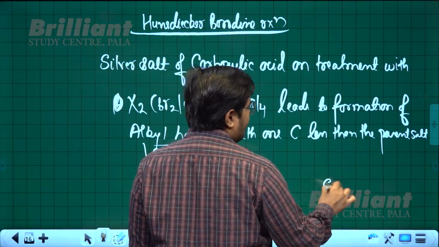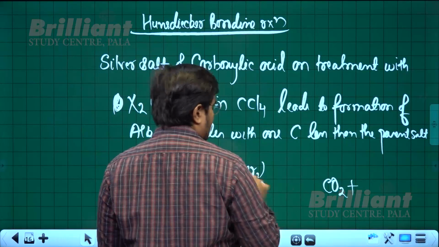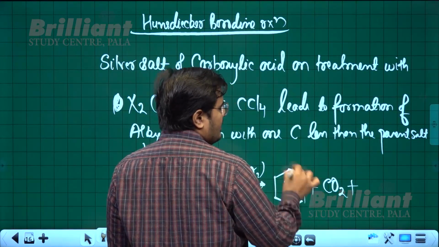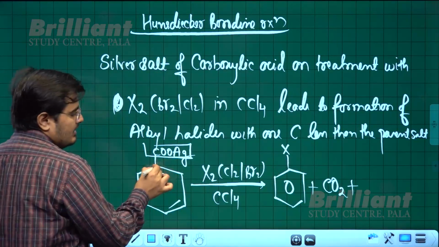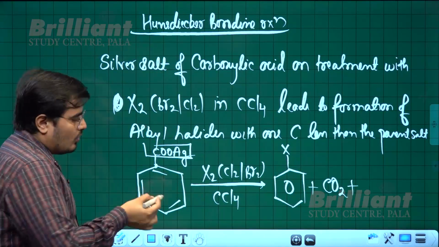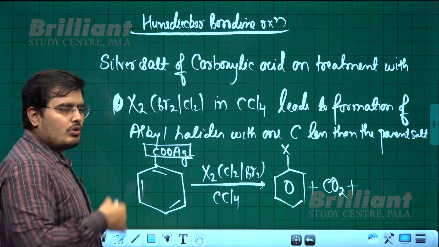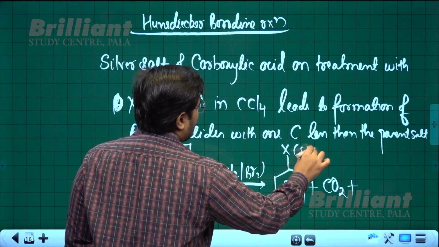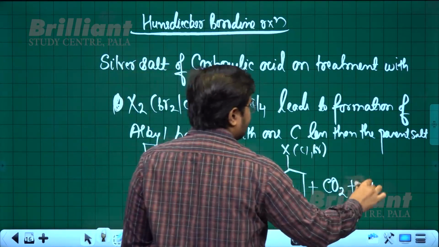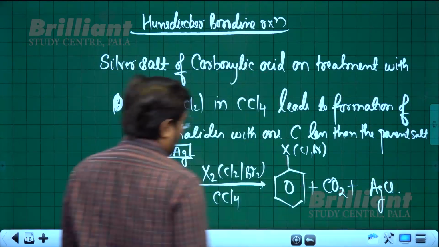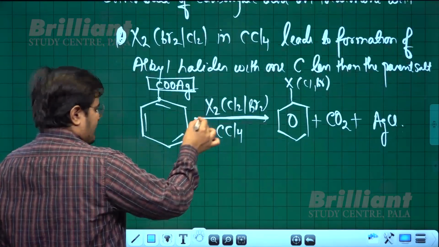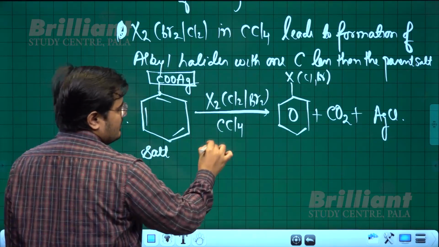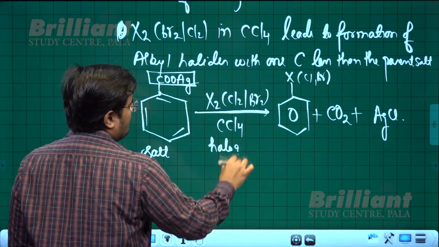That will leave as CO2, and you will get an alkyl halide with a halogen attached to where the carboxylate group was attached. So all you have to do is remove this CO group as CO2 and put a halogen here. This halogen can be chlorine or bromine, anything. So this is the salt, this is the halogen.